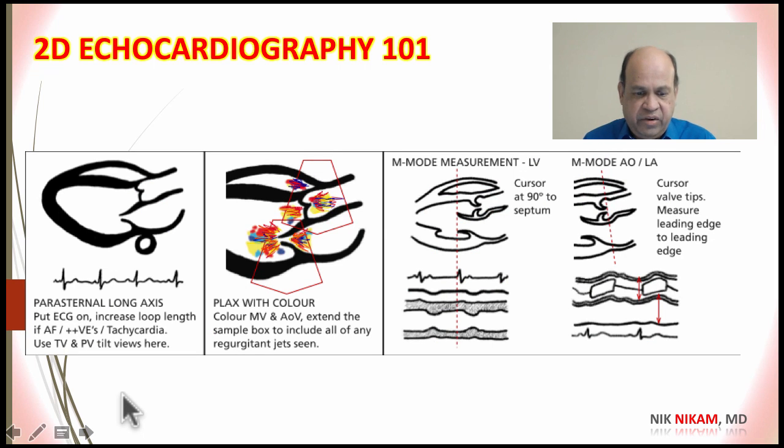And here is another diagrammatic representation of the long axis of the left ventricle, and here is the descending thoracic aorta, which will be a very important anatomic structure, which will help us to identify certain other abnormalities that we are going to talk about further down in this presentation.